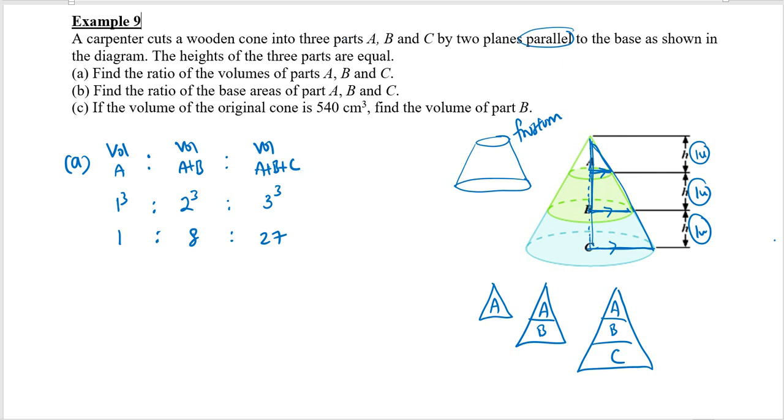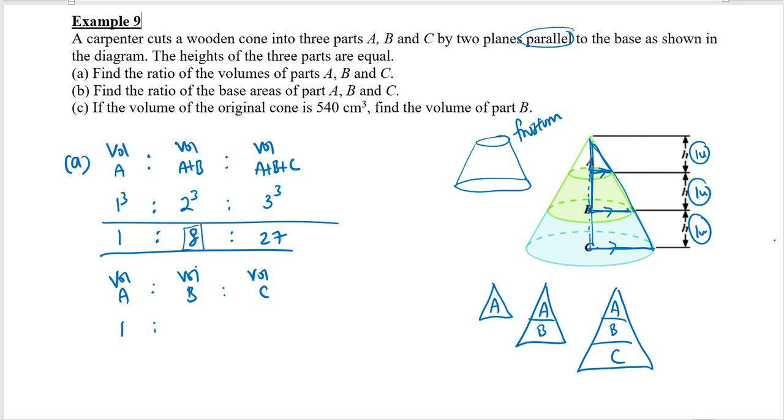So by looking at these three ratios, we can now find the volume of A, volume of B, and volume of C by doing a subtraction. So volume of A, let's start with the 1 unit that is here, so unchanged. But in terms of the volume of B, I will no longer write 8.